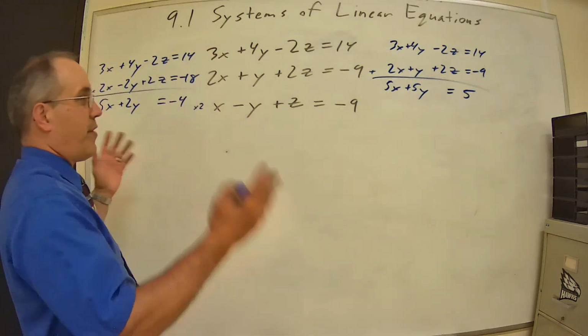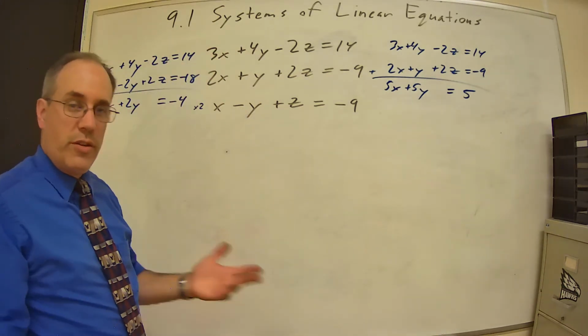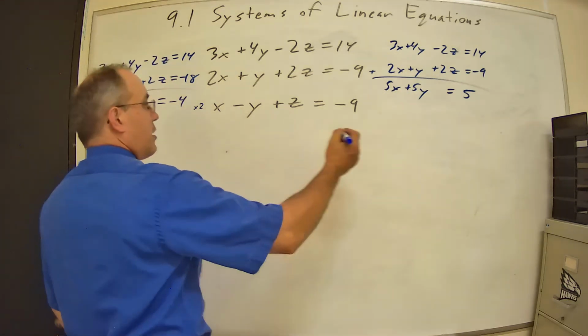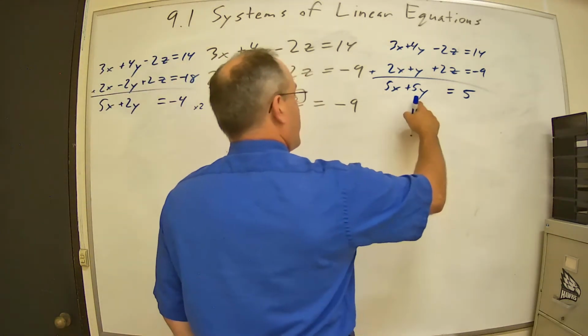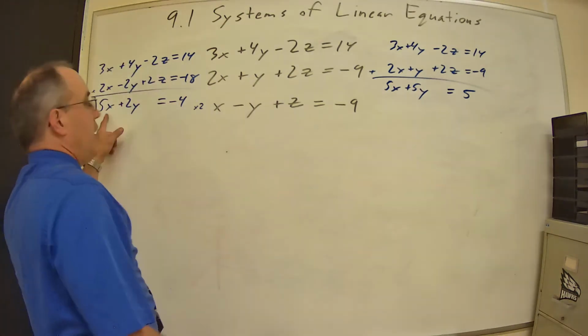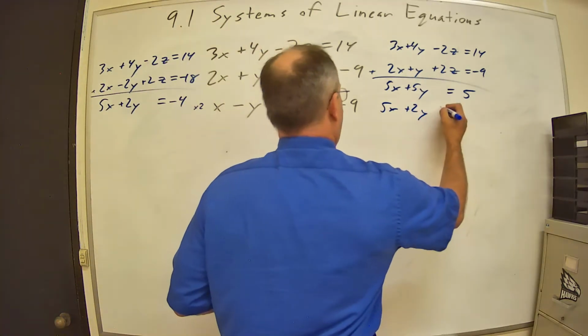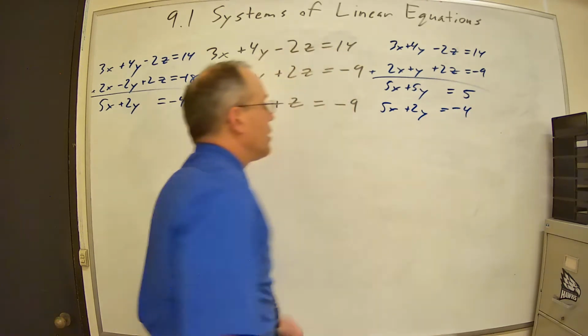So now, if I've got two equations and two unknowns, we can do what we've done before. I've got 5x plus 5y equal to 5. Well, let's put this one below it: 5x plus 2y is equal to negative 4.